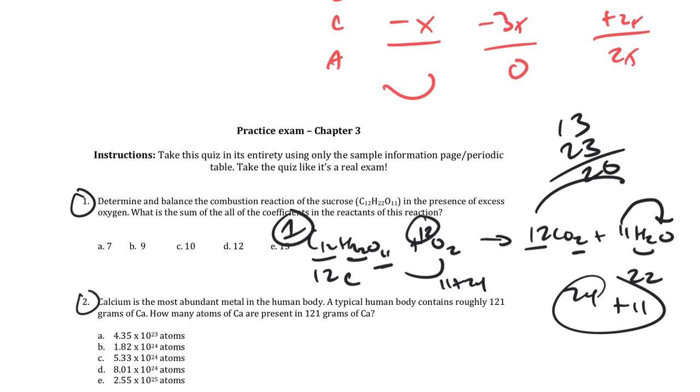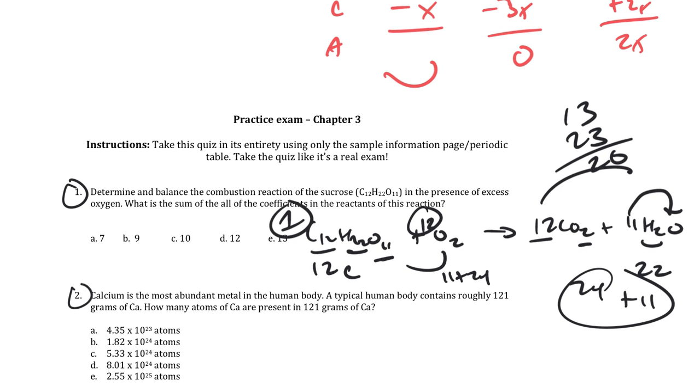Oh, it says sum up the coefficients on the reactant side. So the reactant side coefficients sum up to 13, and 26 total in the reaction. You'll see some examples on the test that say sum up the coefficients just as a way to see if you balanced the reaction correctly. So you'll see this type of question over the proper writing and balancing of reactions, but the key is predicting products so we can get to the right balancing.